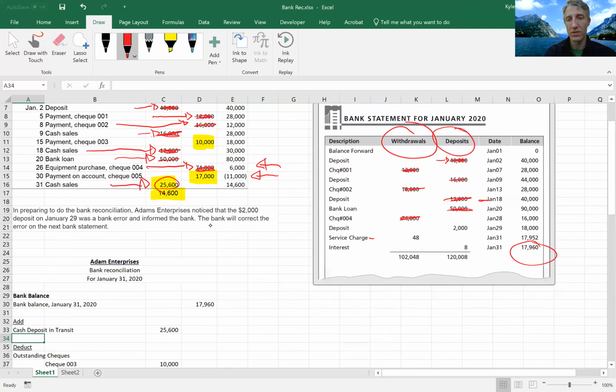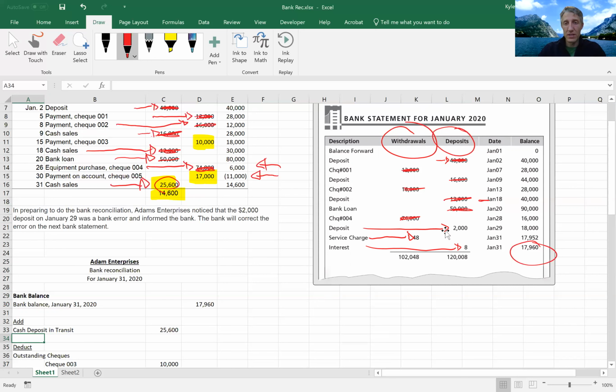We've got this service charge for $48, a deposit of $2,000, and interest of $8. These reflect transactions that have gone through the bank account but haven't yet been reflected in our books. So we need to update the books in order to make sure that we can reconcile the bank and the book balance.